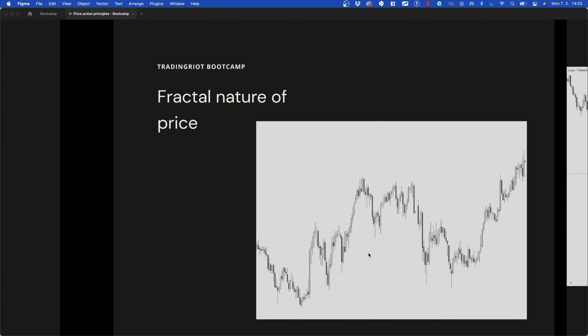But the fact that price is fractal, and all the things that you see happening on a 5-minute chart also happen on an hourly chart and on a weekly chart, gives you the option to trade basically any time frame.